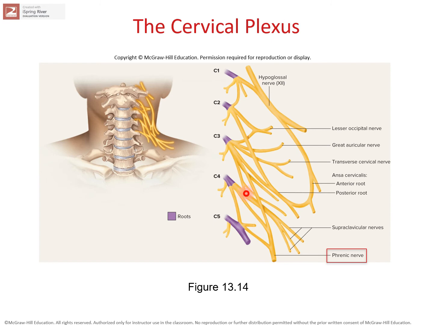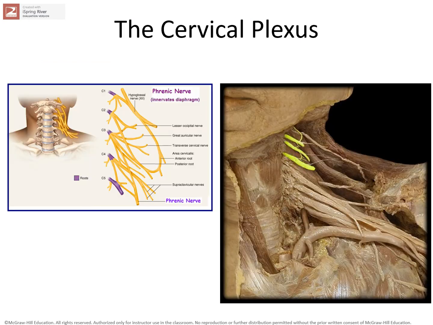Okay, so the first plexus, the cervical plexus, originates from C1 through C5 nerves, and one of the most important nerves in here is the phrenic nerve. The cervical plexus in general primarily supplies the head, neck, shoulder, and chest.